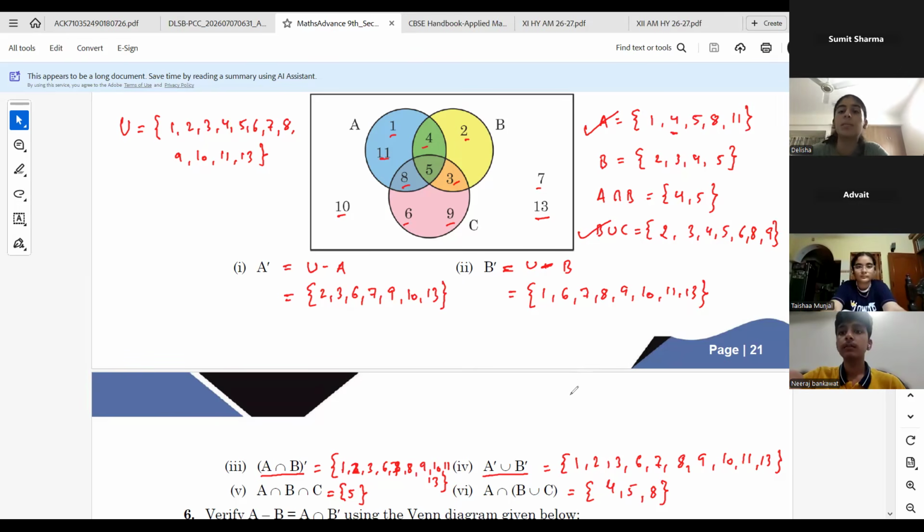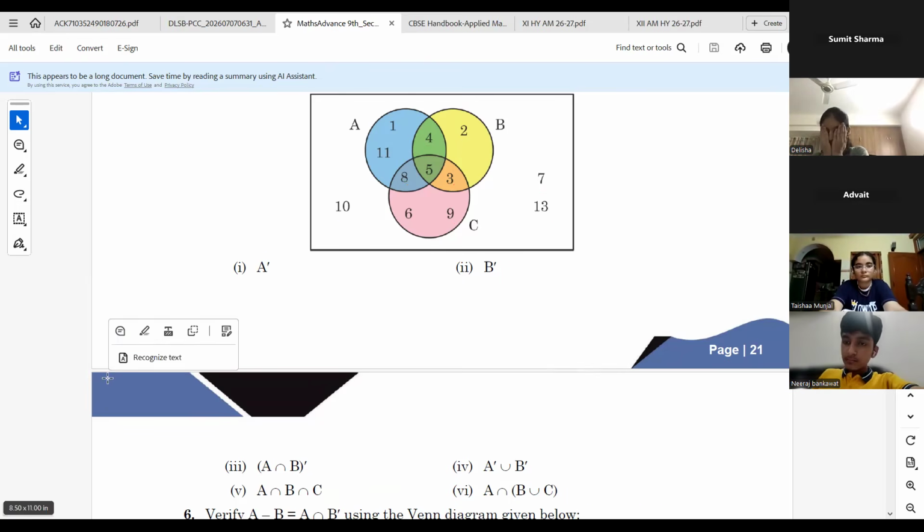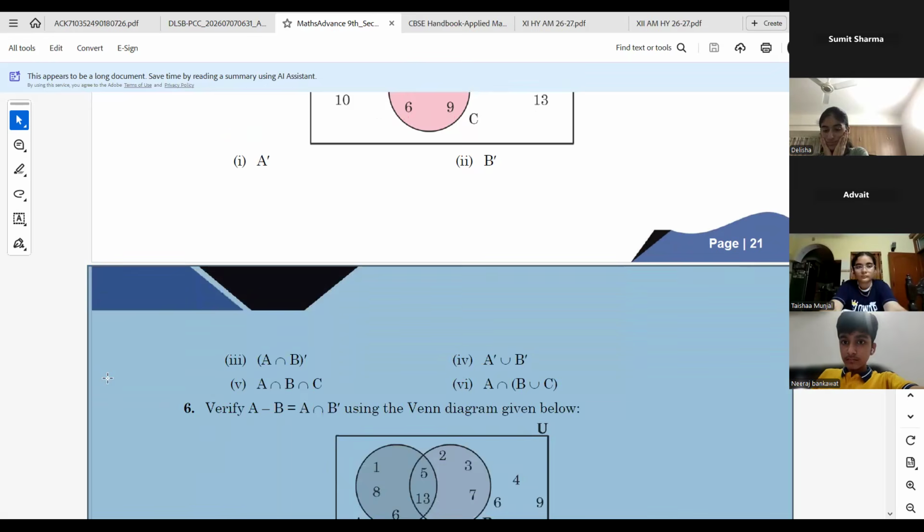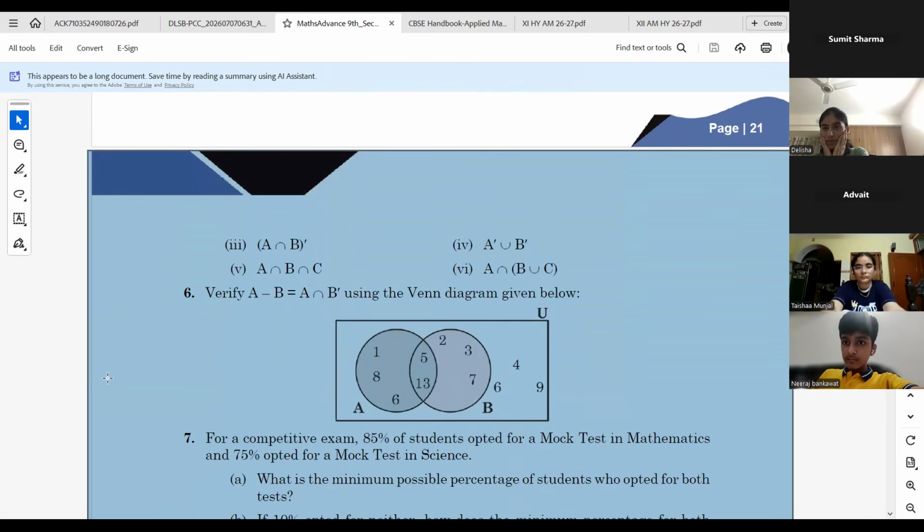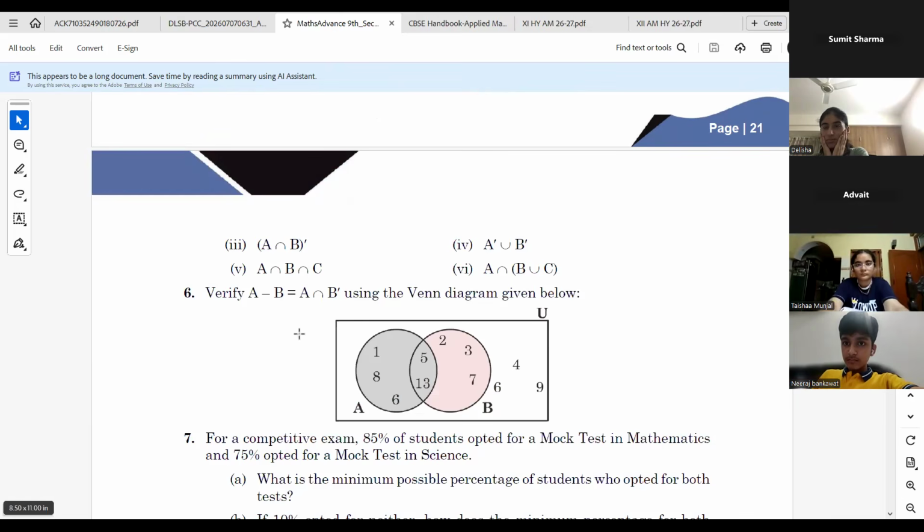Okay, now let us come to the next one. I will just erase this one. So in the next question number 6, we have to verify that A minus B is equal to A intersection B complement.